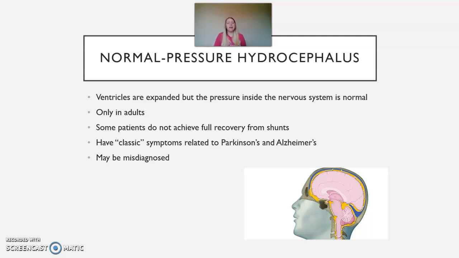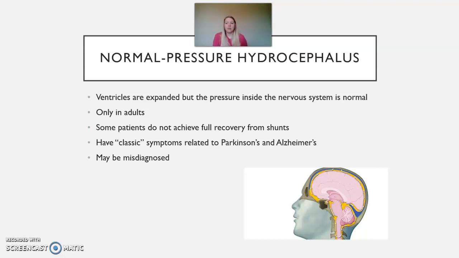And so they actually have very common symptoms relating to Alzheimer's and Parkinson's, so that lethargy, the ataxia, the gait disturbances, and especially the tremors. So this could actually lead to a misdiagnosis of Parkinson's.